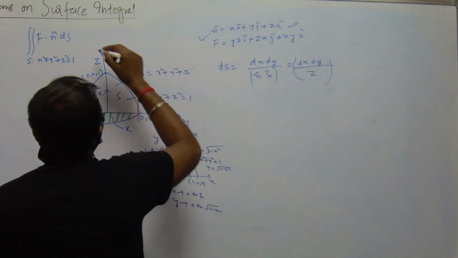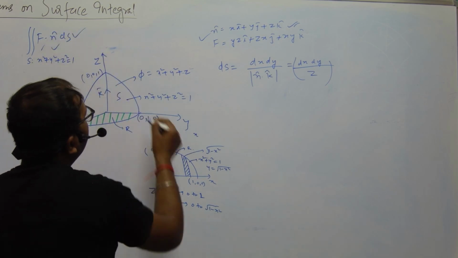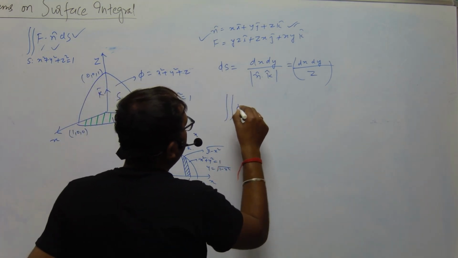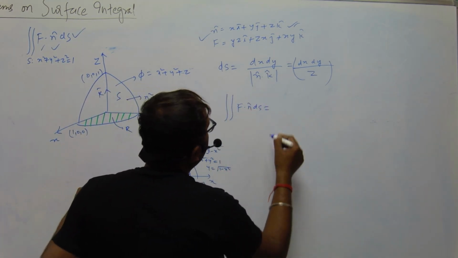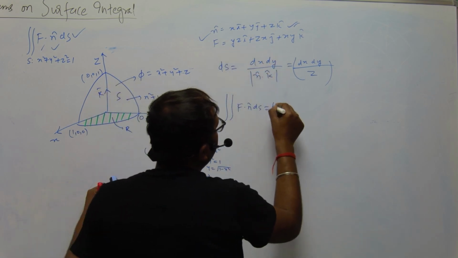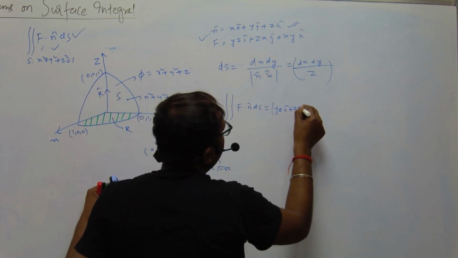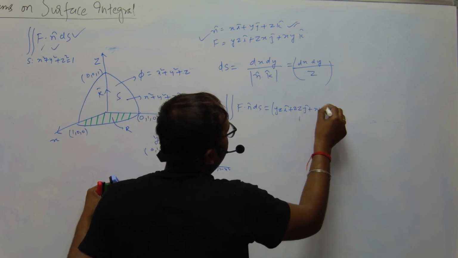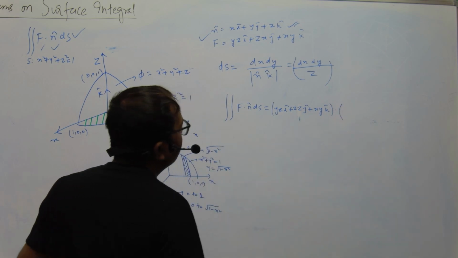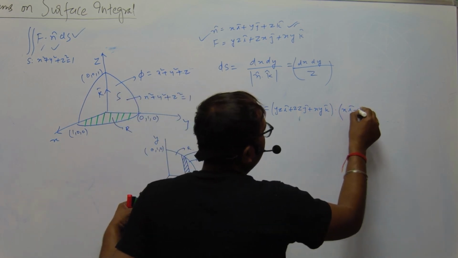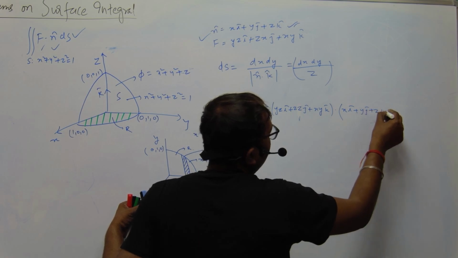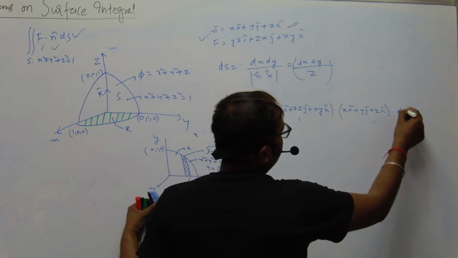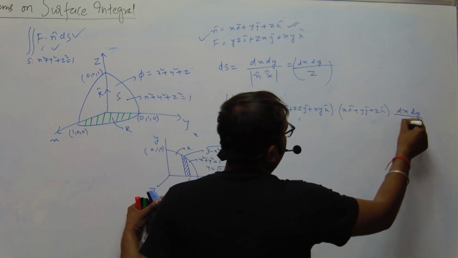We have calculated ds, n cap, and the value of f is given in the question. Let us put it here. So we have the surface integral of f dot n cap ds equal to f, which is yz i cap plus zx j cap plus xy k cap, dot n cap, which is x i cap plus y j cap plus z k cap, with the value of ds as dx dy upon z.